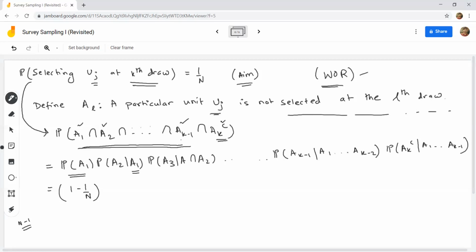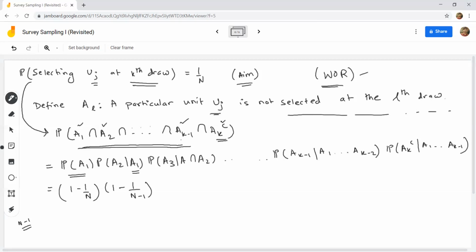Okay, so what is the probability that uj will again not be selected in the second draw? That probability should be 1 minus 1 by n minus 1, because you now have n minus 1 elements, and it is not again selected in the second draw, right? So that is 1 minus 1 by n minus 1.